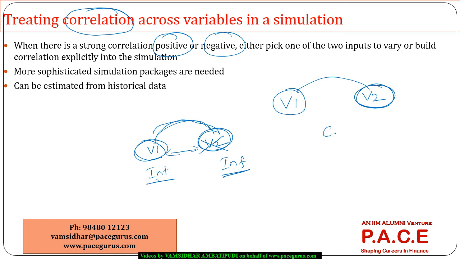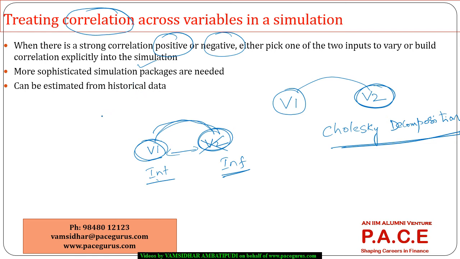If you remember, this is what we call Cholesky decomposition, where, while generating the random variables per simulation process, we can consider the correlation between the variables also through this process of Cholesky decomposition. But we require more sophisticated simulation packages.